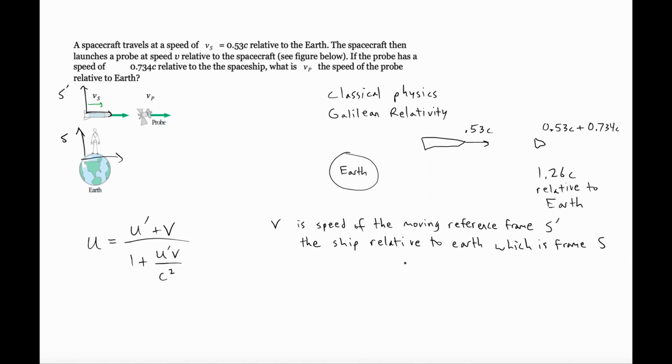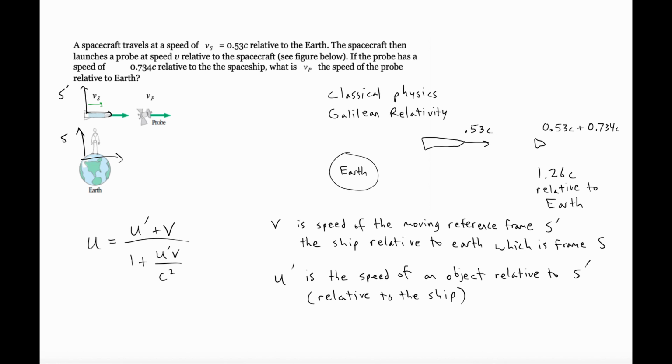Now what is going to be u, and what is u prime? u prime is the speed of an object relative to S prime, relative to the ship in this case.